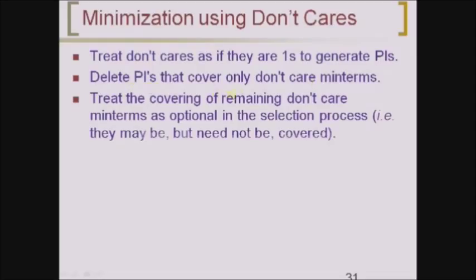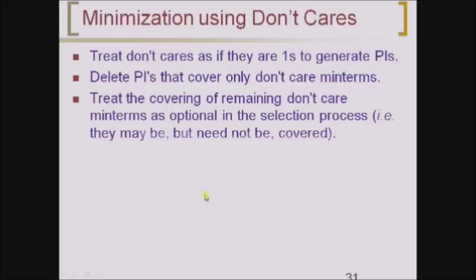Delete PIs that cover only don't care minterms. If you are forming a group which has only don't cares, then we have to delete that particular PI, that is prime implicant. Treat the covering of remaining don't care minterms as optional in the selection process.